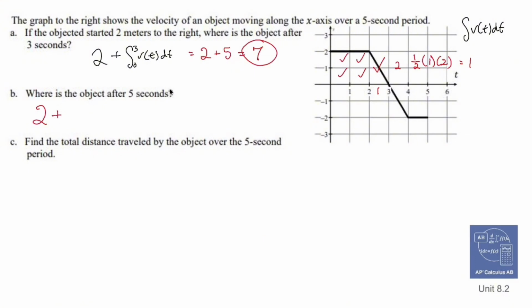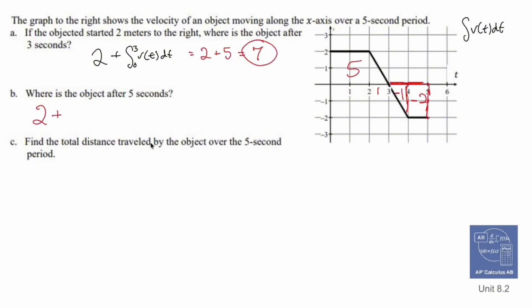Where is the object after 5 seconds? Well, we're going to do the same thing. We just found out that this part right here is 5 in the positive. Everything down here is going to be negative. So if this was 1, that means this chunk right here is going to be -1, and this chunk right here is going to be -2.